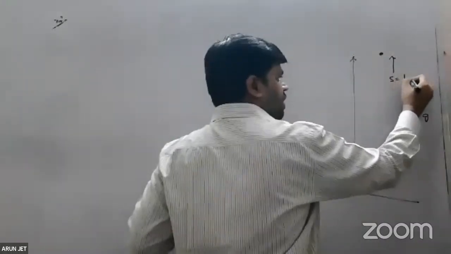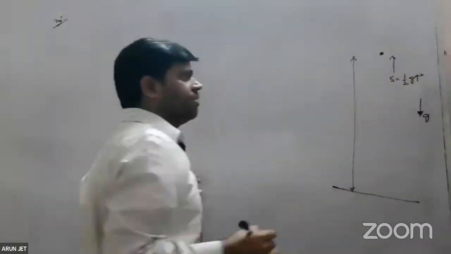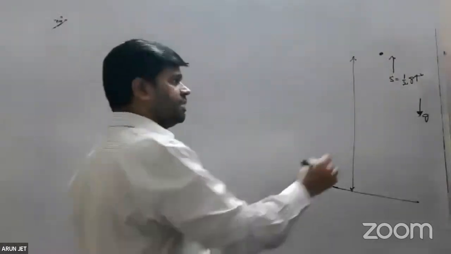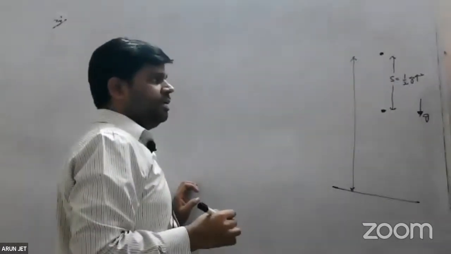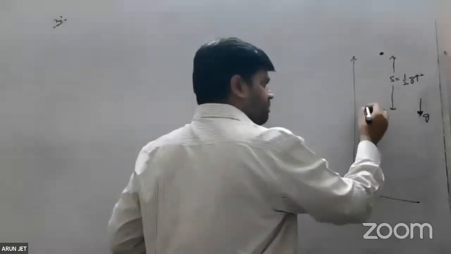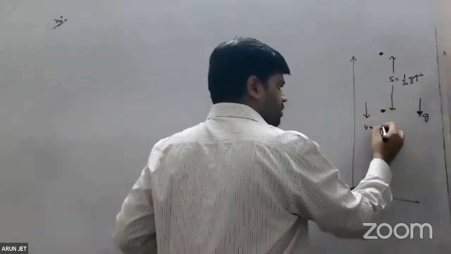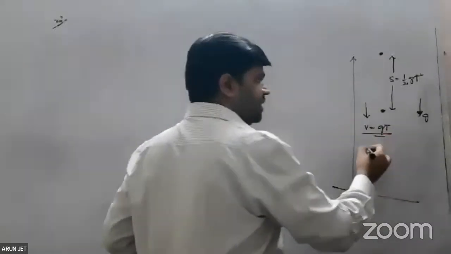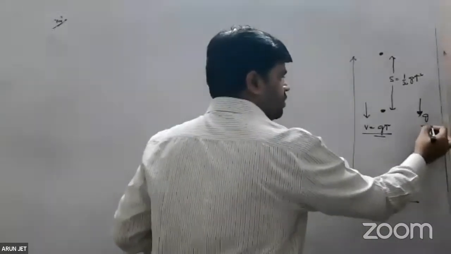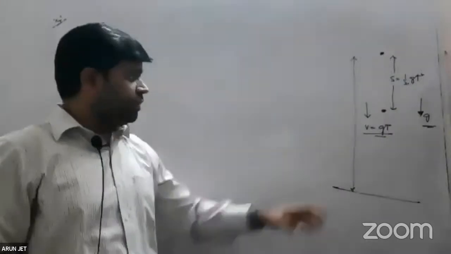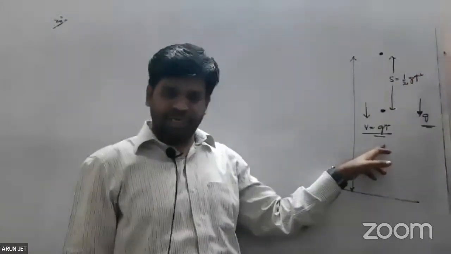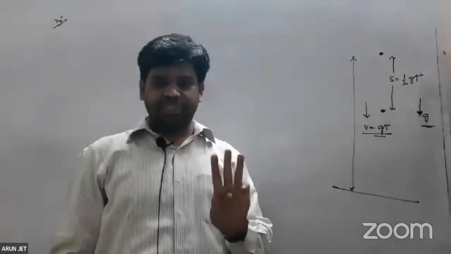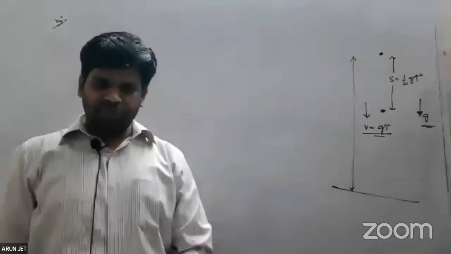S is equal to half g t square is the displacement of the particle after a certain time t. And what is the velocity of the particle? V is equal to g t. These all things you know. I know S is equal to half g t square. I know V is equal to g t. And the acceleration is g. Type yes in the chat box if you know this.